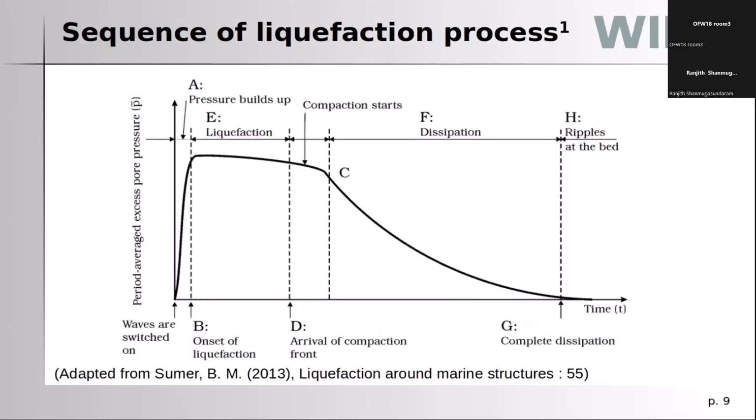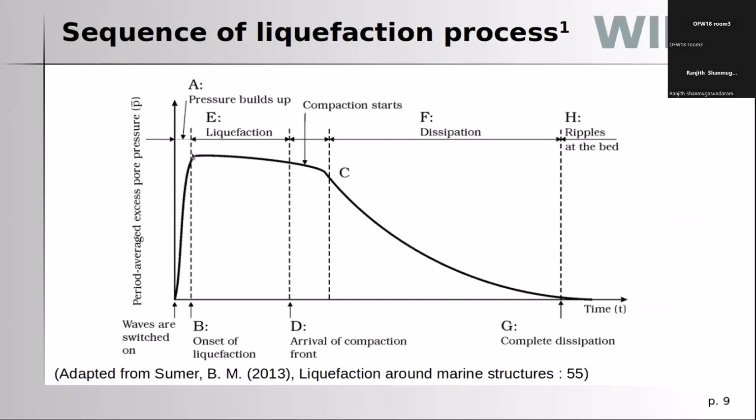So, talking in detail about the residual liquefaction, this is the sequence of the residual liquefaction process. As I told you before, the pore water pressure increases. You can see that the pressure starts to build up, and after some time an upward directed pressure gradient occurs, so that the pressure is greater at the impermeable base and lesser at the top.